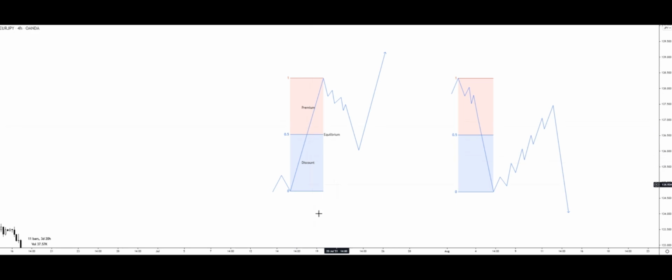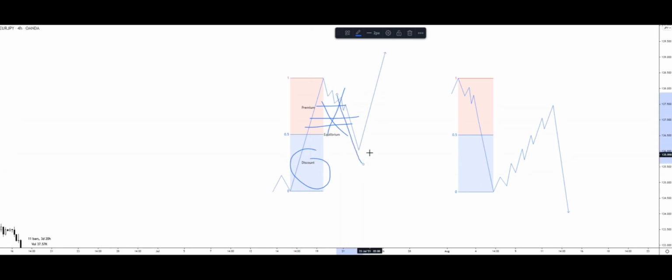Not only does this help invalidate POIs, for example if there's an order block there, an order block there, an order block there, we wouldn't buy from any of them because they're not within this discount zone, okay? So when price pulls back into the discount zone, that's when we look to buy, and somewhere in the discount zone is where we look to buy, pretty much, okay?